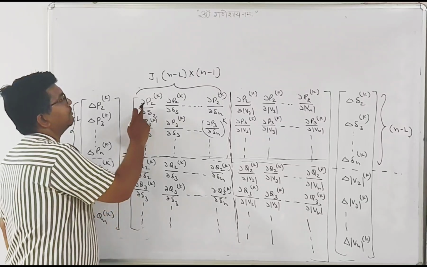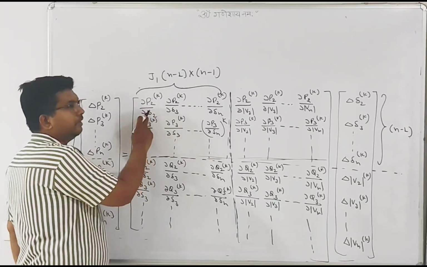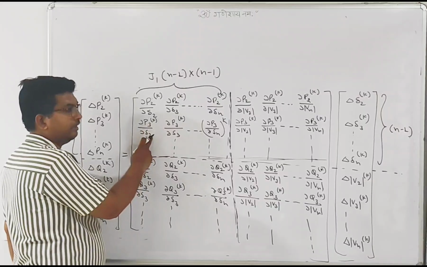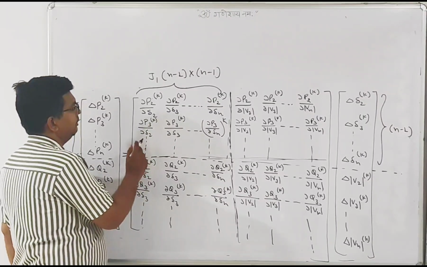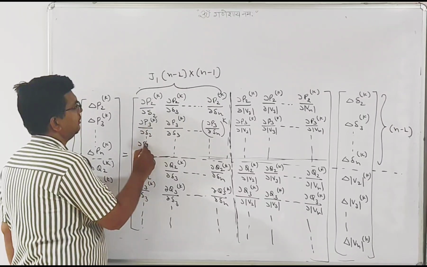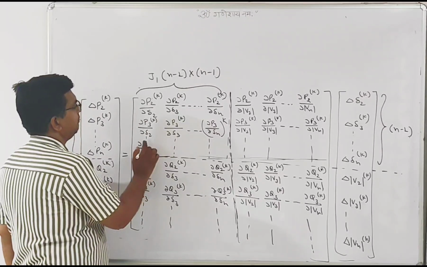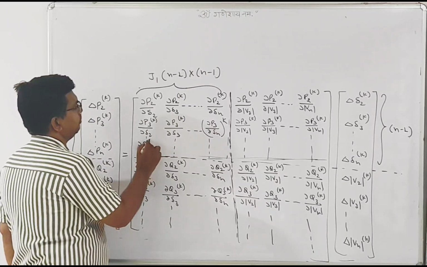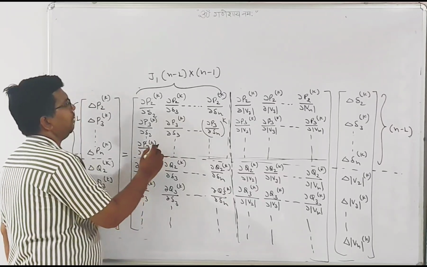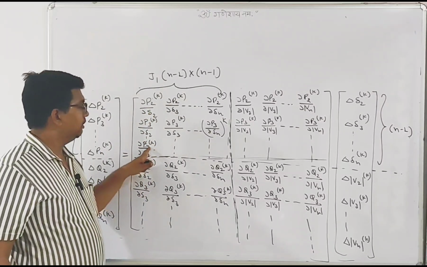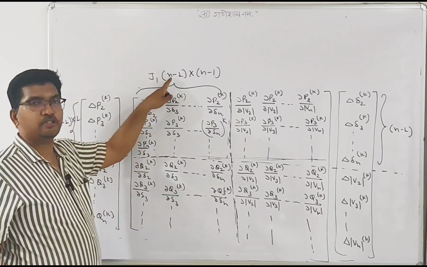So these are the terms: delta P2 upon delta delta 2, that is a partial derivative of P2 with respect to delta 2. Similarly, what will be the last term here? Delta Pn upon delta delta 2, whole to the power k. So this is the nth bus, so 2 to n, and that's why there will be n minus 1 rows.